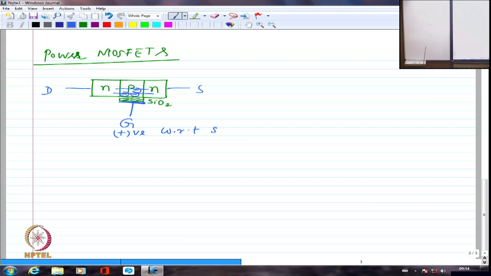Whatever VGS I am applying, voltage between the gate and source, if this goes beyond a threshold value, right, then I am going to have this channel opening up in such a way that there is a thoroughfare between the current that is flowing from here. This will be plus and this will be minus, so the current can directly flow like this, right? So, MOSFET essentially starts functioning just by applying a positive voltage to the gate with respect to the source.